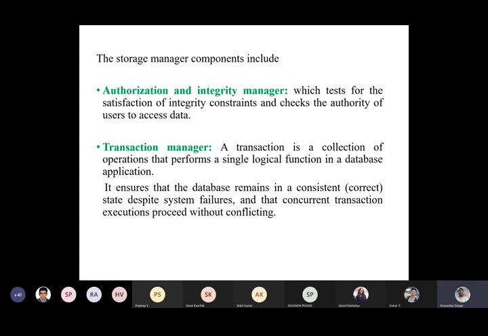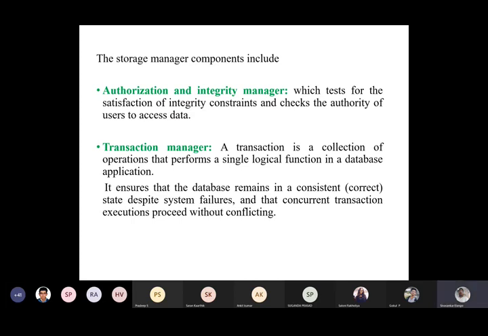Maybe in a bank, the integrity constraints will be like the balance should always be greater than 1,000 rupees. To start an account, the age of an account holder should always be greater than 18 years, and so on. So the authorization and integrity manager checks for the authority of the user to access the data, and it also checks for the satisfaction of the integrity constraints.